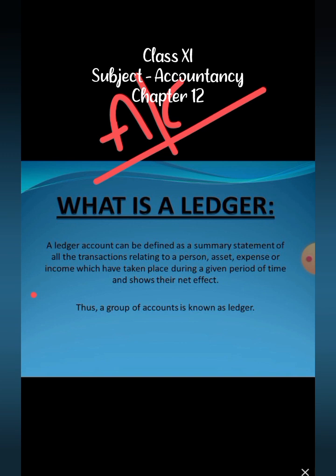Expense means salary account, wages account. Income means commission account, interest received account, etc., which have taken place during the given period of time, and they show their net effect. A group of accounts is known as a ledger. We prepare multiple accounts in our business to know the particular balances.